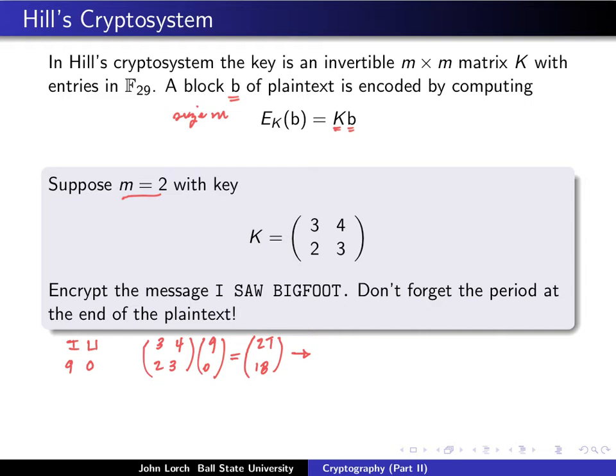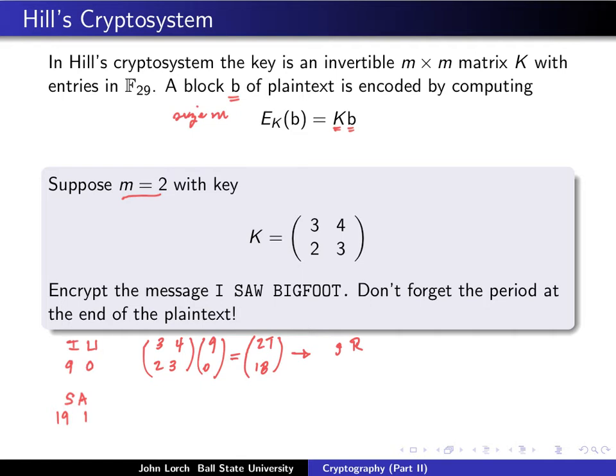So 27, you might remember, is the comma, whereas 18 is the letter R. Okay, so that's the first 2 characters. And then we go to the next 2 characters, which would be S and A. So S is character number 19, and A is character number 1.